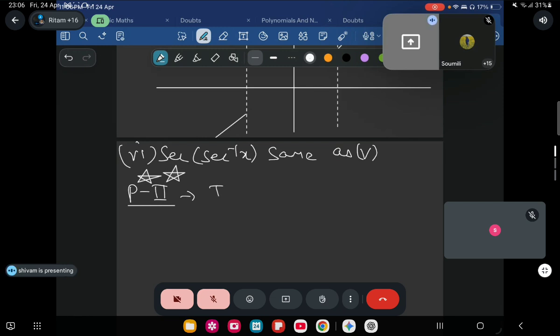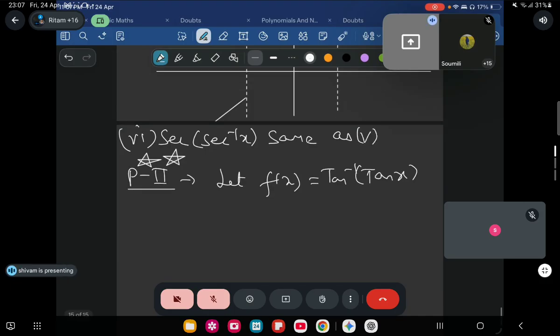So everyone, tan inverse tan of x. Let us call, let f of x equal to tan inverse tan of x. Okay. So you people tell me, is the function periodic?